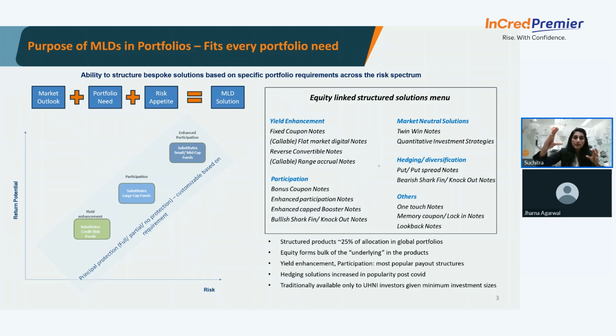Slightly higher up on the risk spectrum, and therefore higher up on the return spectrum, are participation-linked products, where you can participate in the Nifty 50. This, I would say, would replace your large cap equity allocation. And not only would it replace large cap equity allocation, you can replace it with principal protection.